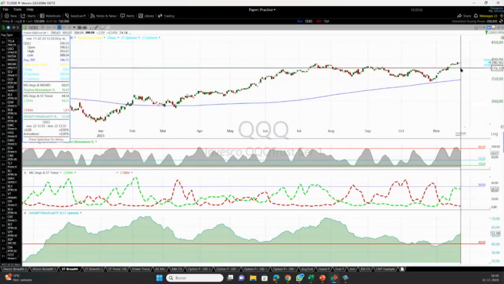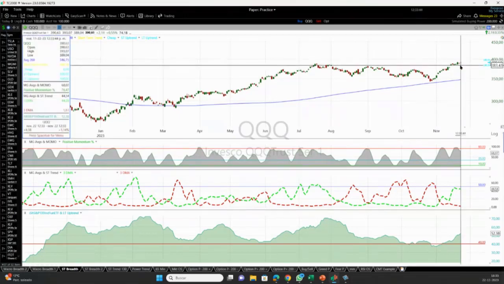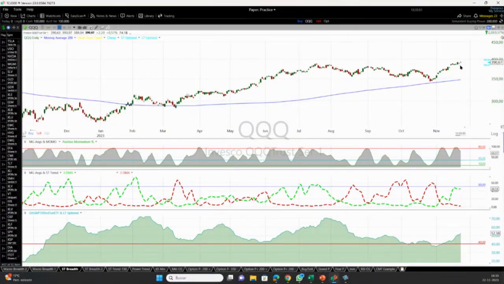So right now, we were recently overbought, early this week, and the market's chopping a bit right here, but we're positive at the moment. Stocks above the 5-day moving average are at 66%. Here we see the Williams, the green line is above the red, so it's positive.